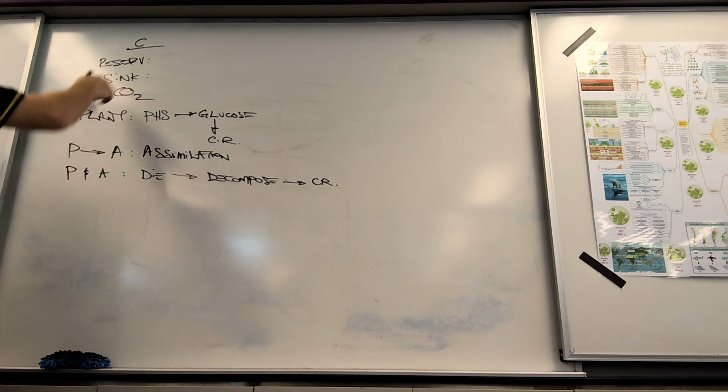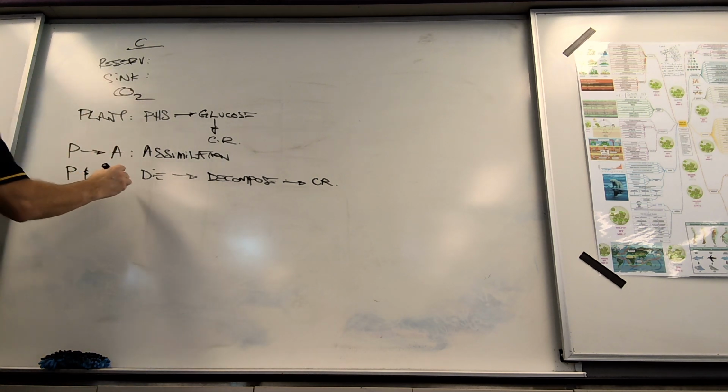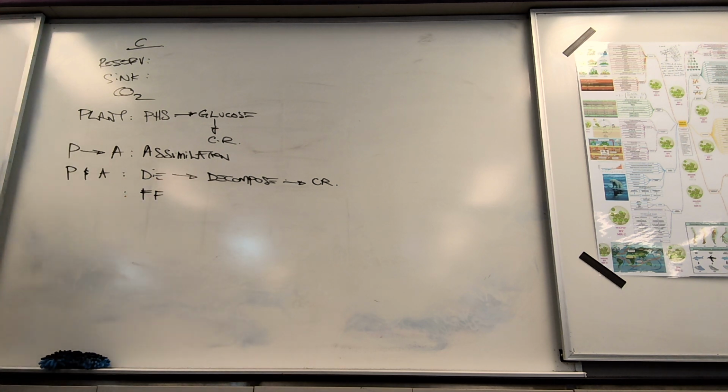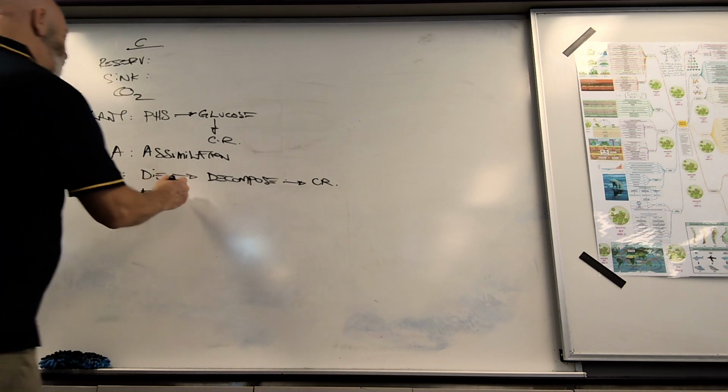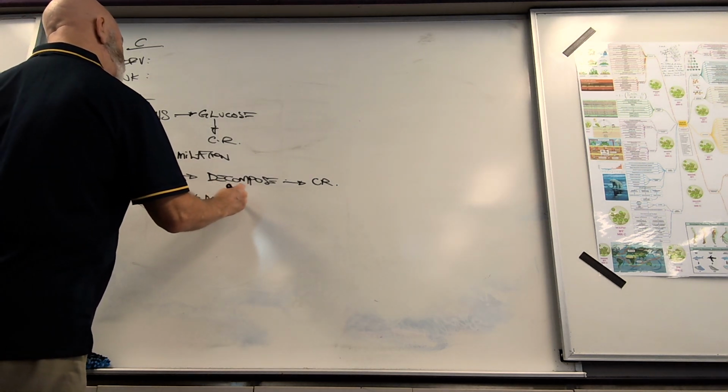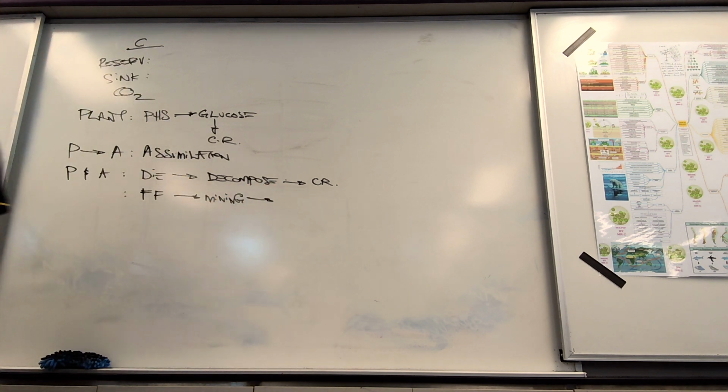Now, sometimes the dead plants and animals will become fossil fuels. Yep, that's a sink because it's buried under many layers of earth, locked away. But we dig it up in mining. We then release the carbon dioxide back into the atmosphere through what process? Combustion.